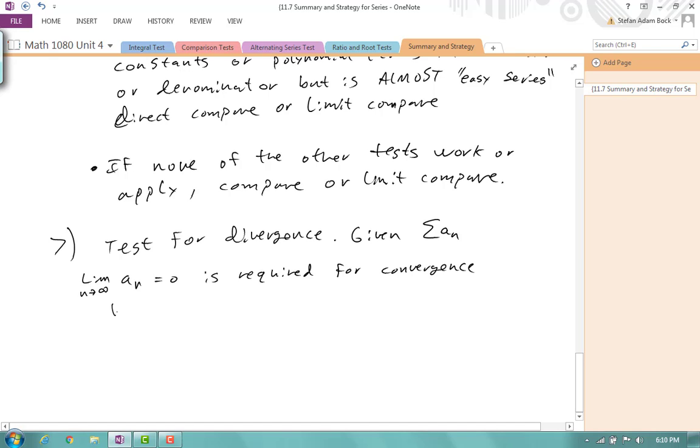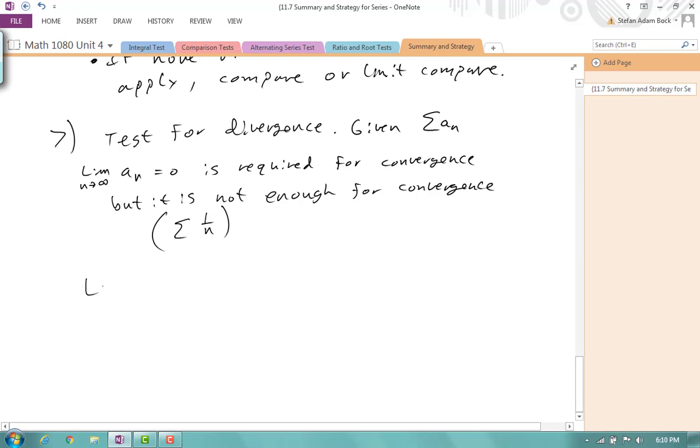But it is not enough for convergence. That example being, of course, the sum of 1 over n. But the limit as n goes to infinity of a sub n being not 0, or even being infinity in the worst cases, is guaranteed to diverge.